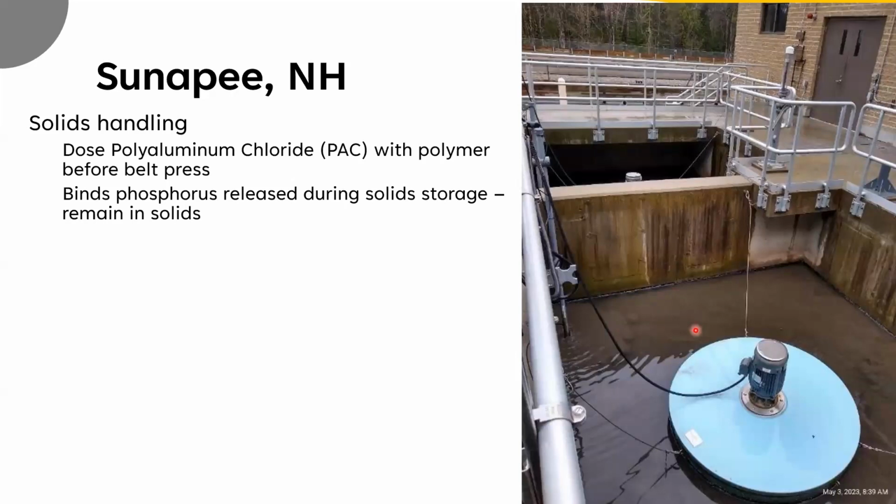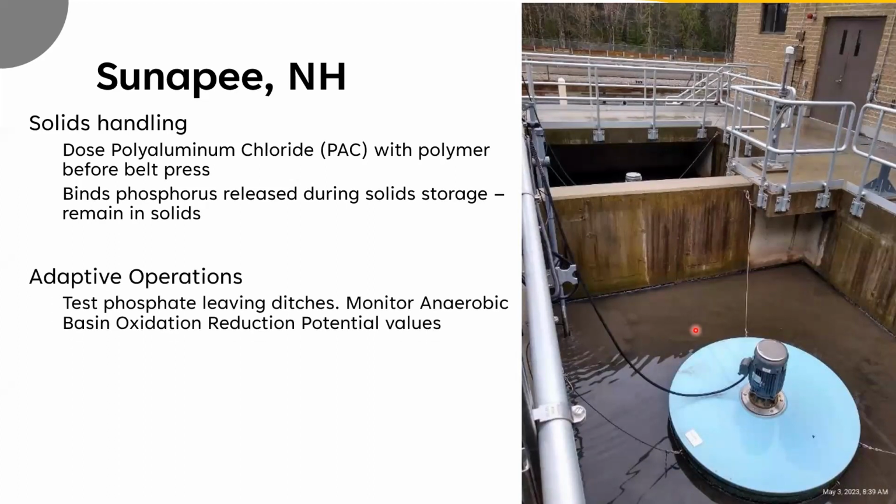So they are dosing polyaluminum chloride, which binds orthophosphate with the polymer before the belt press. And this is an attempt to keep the phosphorus that they've removed earlier in their plant from returning to their plant. So this helps to lessen the loading on the plant as a whole.